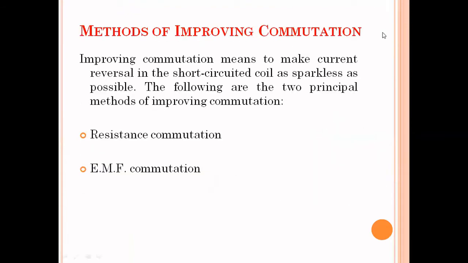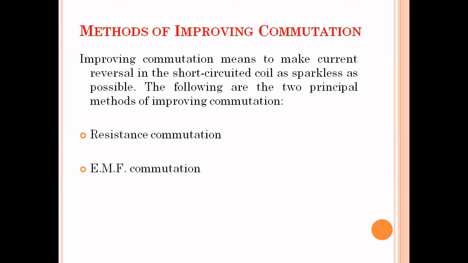Now, we know from the lecture on commutation the process of commutation. What is meant by commutation? Commutation is nothing but the reversal of current when the coil passes a brush. Whenever the armature coil passes a brush, there must be a complete reversal of the current.